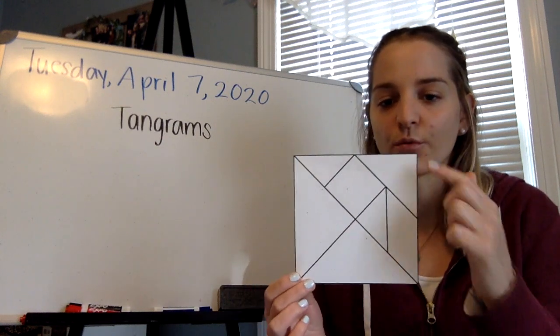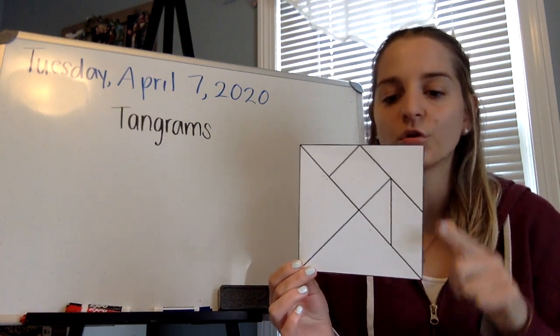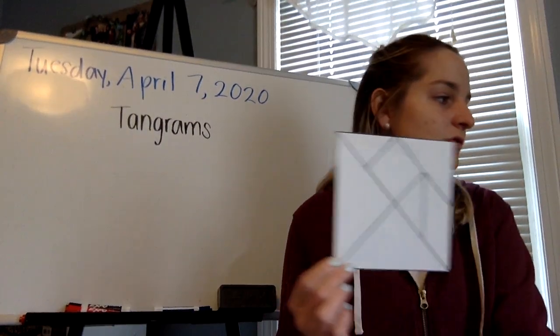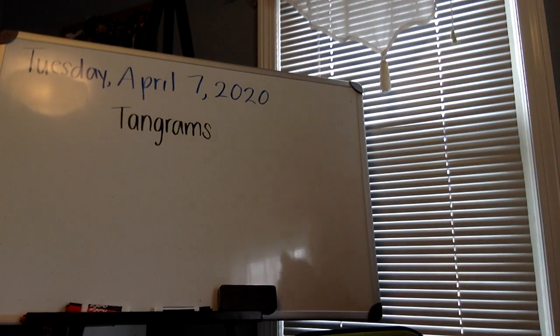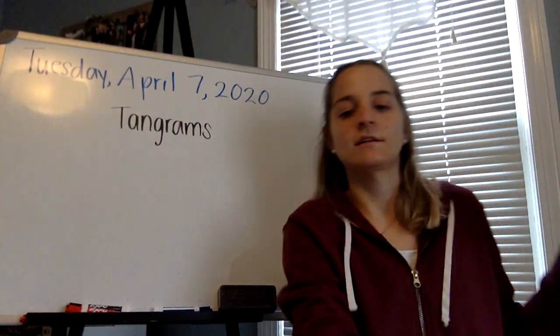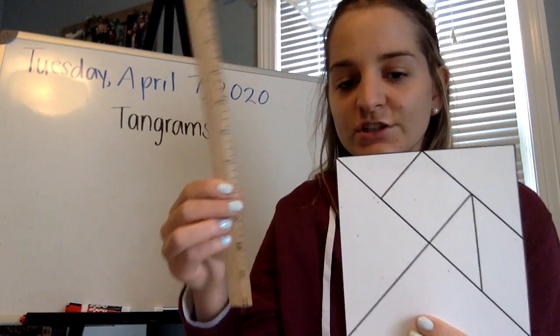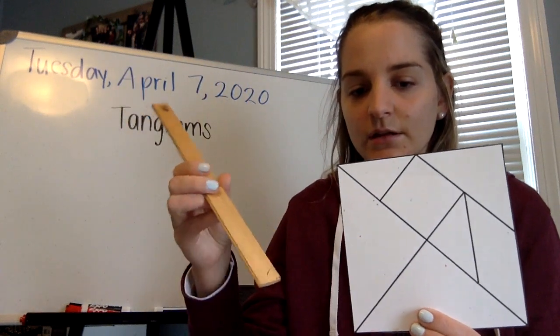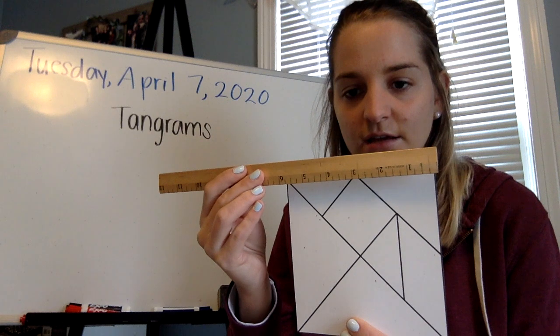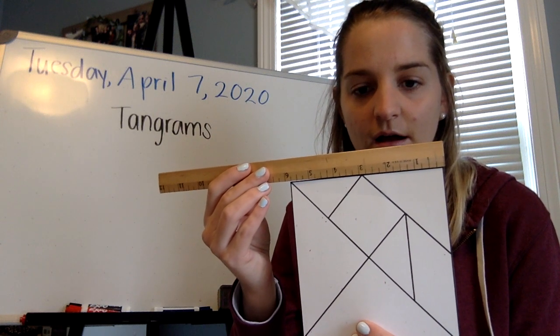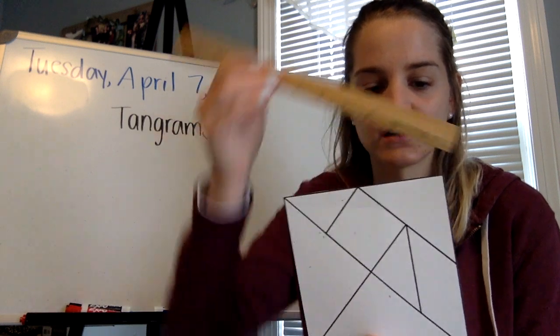Let's identify what this whole shape is called. Now, let me use a ruler to help you decide what shape this is. If I measure each side, let's see. This side is, let's say, about 6.